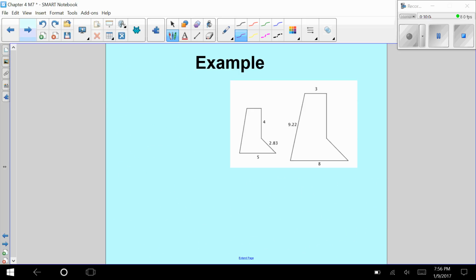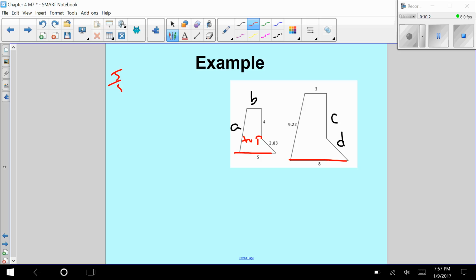All right, one last problem for you to try. There are 4 missing sides on this problem. Let's call them A, B, C, and D. All right, our first ratio should set up the 5 and the 8. I'm going to choose this figure as my top.